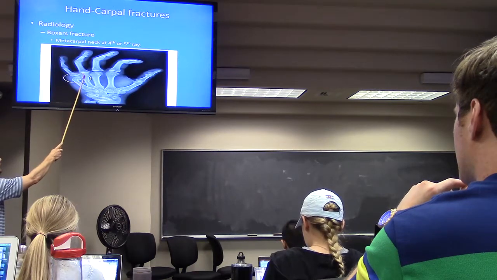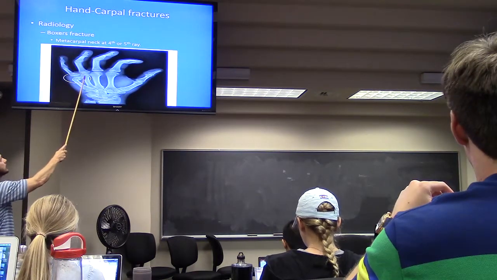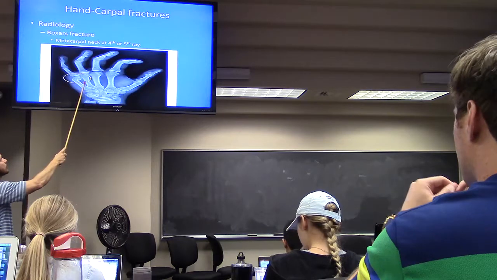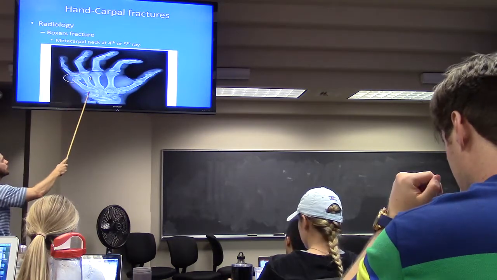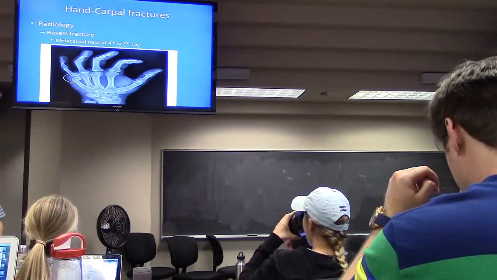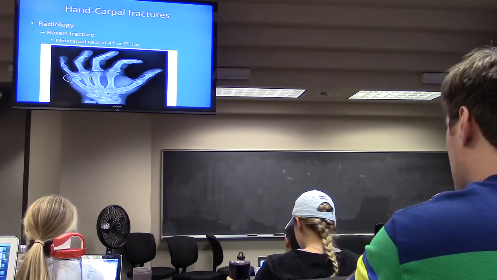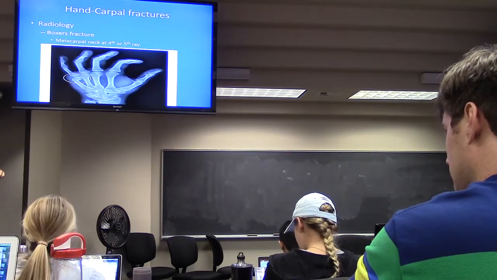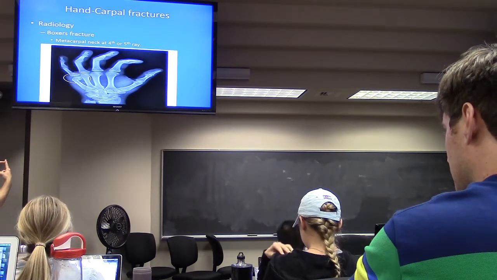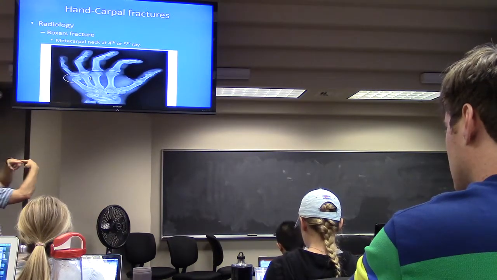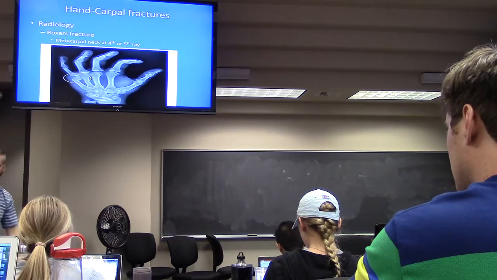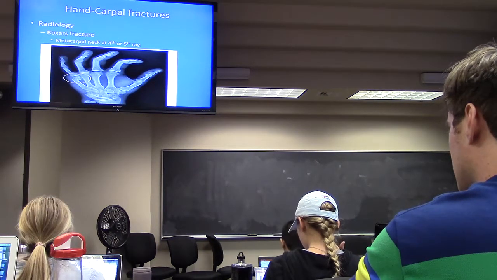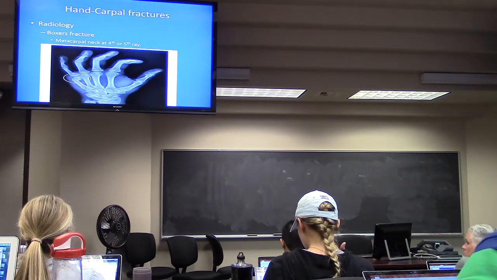You can see how the elongation of this ray, the metacarpal ray, is now shortened because the fracture segments are overlapping or angulated or whatever. It's difficult to say because it may look like this or it may look like this, but on that image you can't really say. That's why you need multiple images to get your depth.